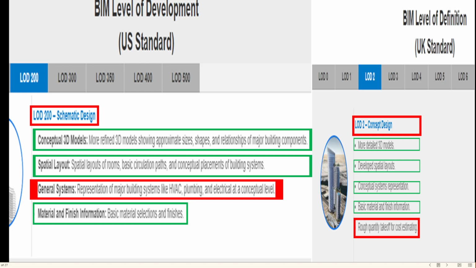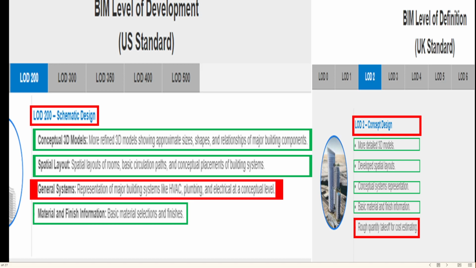Subjects such as further development and approximate measurement of the 3D mass model and assignment of relationships between building components, placement of rooms by developing spatial arrangements, main orientations of circulation areas, placement of building system as concepts, assignment of main materials and finishing coatings are available in both standards.